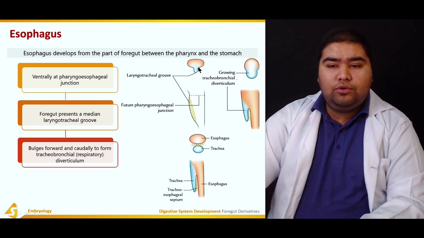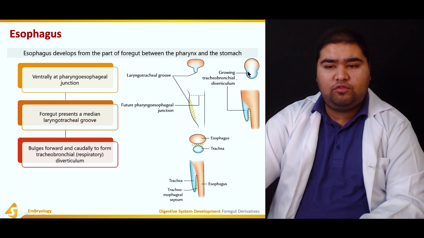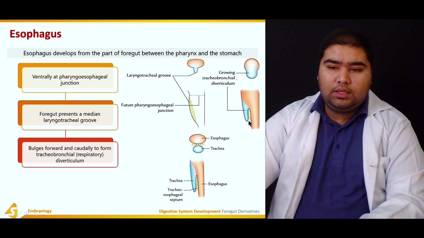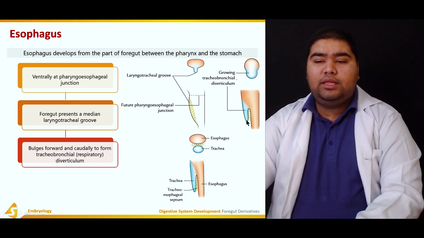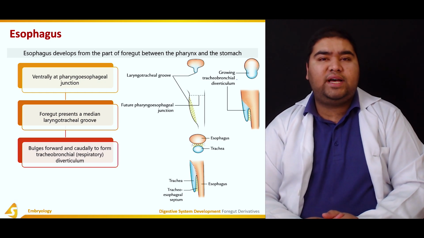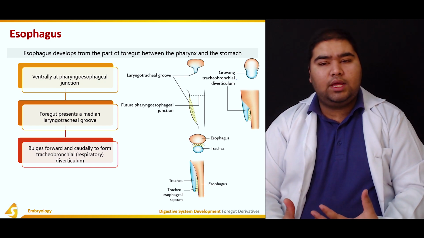Now this groove or this bulge, it moves forward. It is growing forward and caudally. Here you can see the caudal growth. This is the caudal growth, and this forms the tracheobronchial diverticulum. So initially this was a laryngotracheal groove.